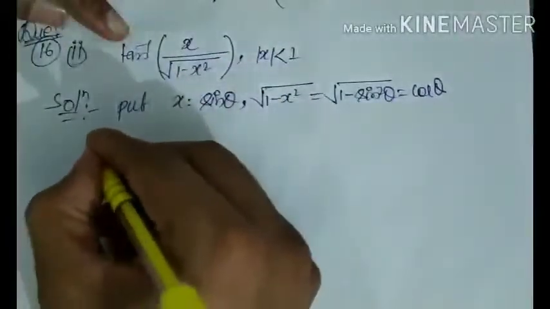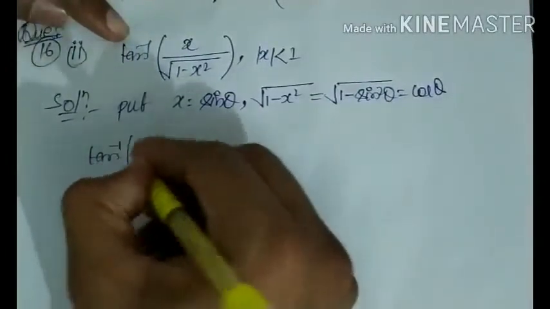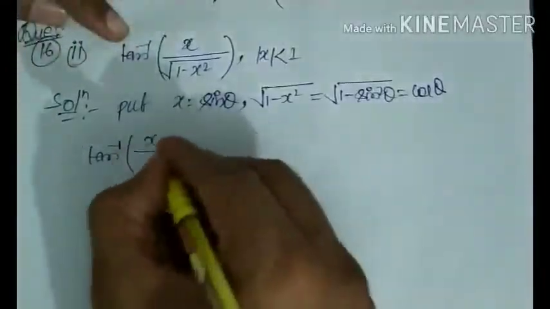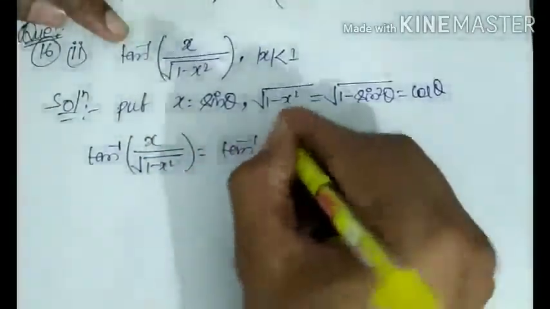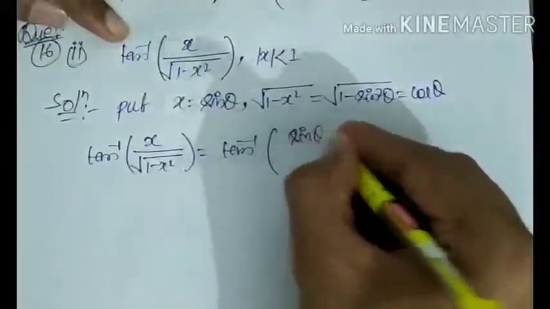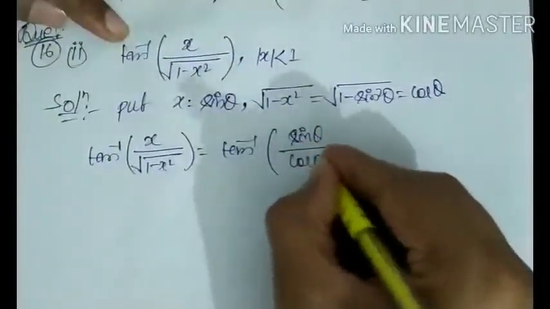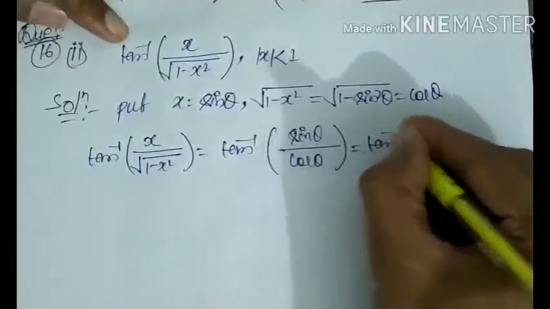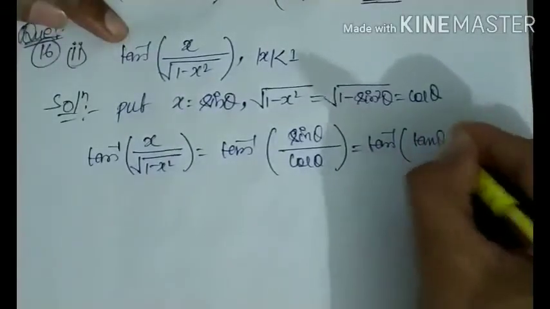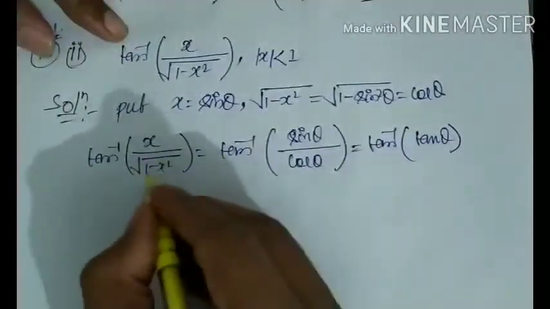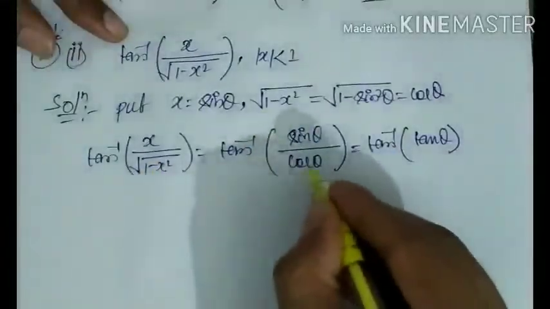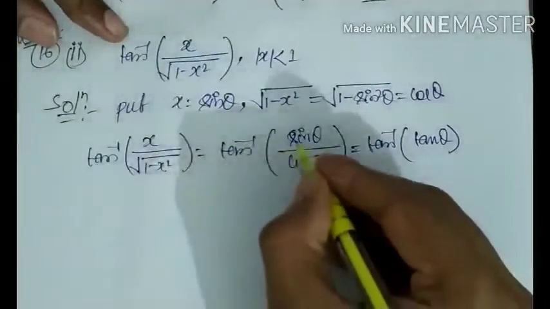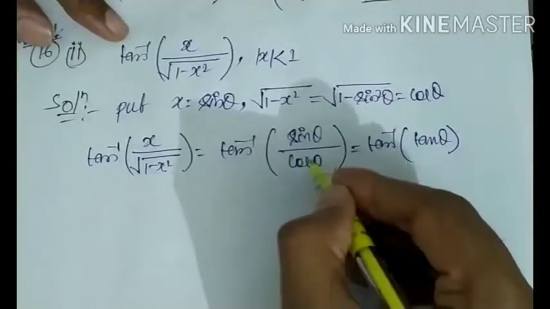Then take this substitution: the given expression converts to tan inverse of sine theta upon cos theta, which equals tan inverse tan theta. As we know, root over 1 minus x square equals cos theta, so I put cos theta here, and since x equals sine theta, here is sine theta. Sine theta upon cos theta will be tan theta.